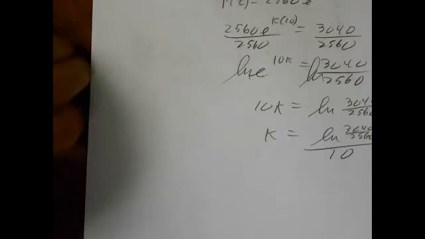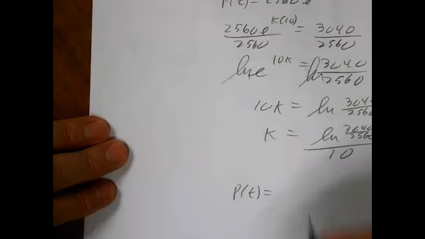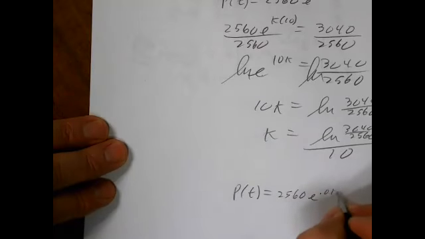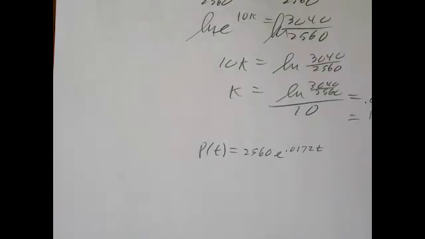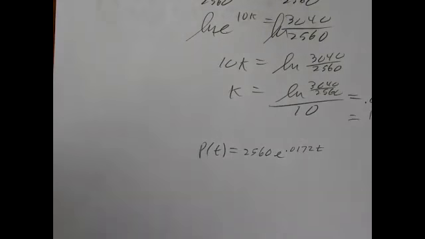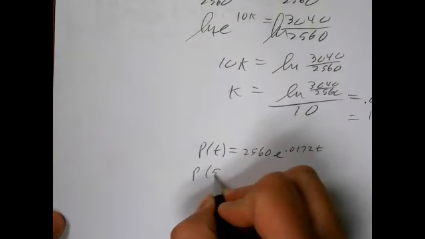What I can do with that is go back and further refine my function and rewrite it as 2,560 e to the 0.0172t. So I've got my k figured out. What can you do with that function? Well, a lot. If they said, what would you estimate the population to be in the year, say, 2000? Well, the year 2000 is 50 years later, so I'd put in a 50.